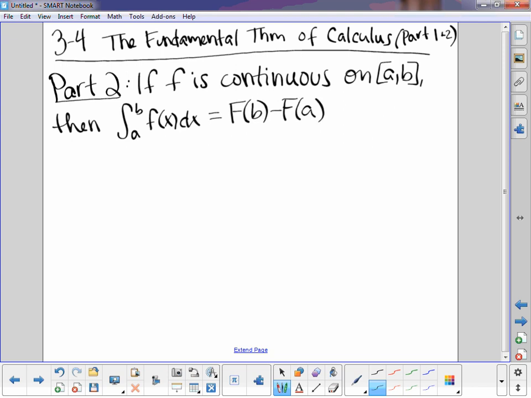Let's catch up to there so that we can see what capital F means. So if f is continuous on that closed interval, then the integral from a to b is capital F of b minus F of a, where capital F is any antiderivative of f.